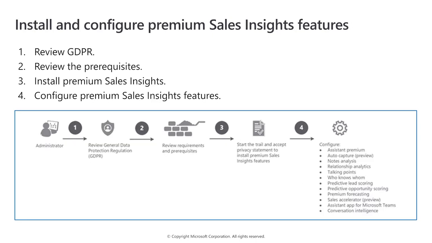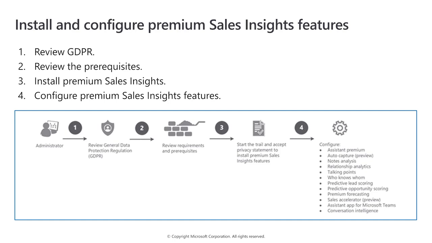Now, install and configure premium Sales Insights features. Don't forget to review GDPR, because that's really important so that you don't breach any components. Review the prerequisites, install Sales Premium Insights, and configure Premium Sales Insights features.